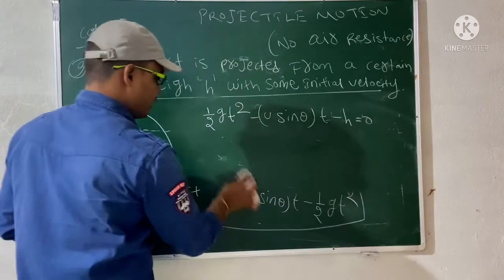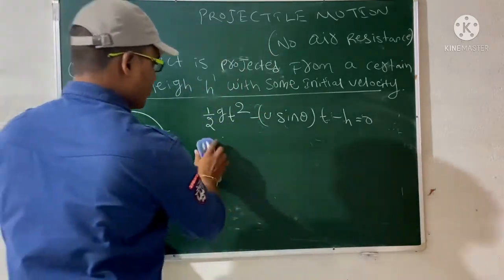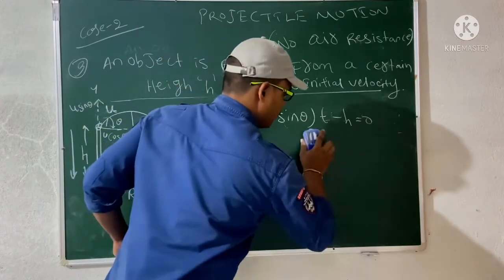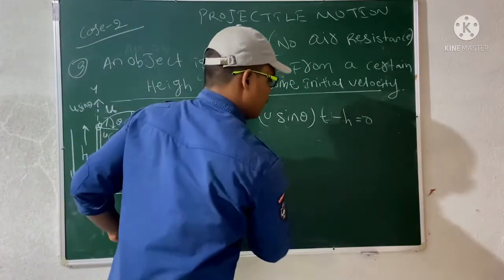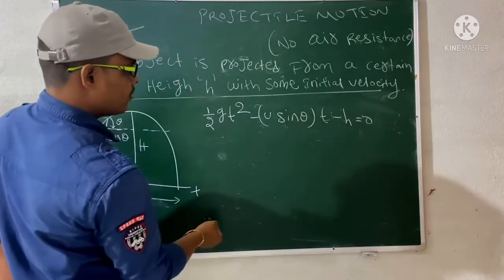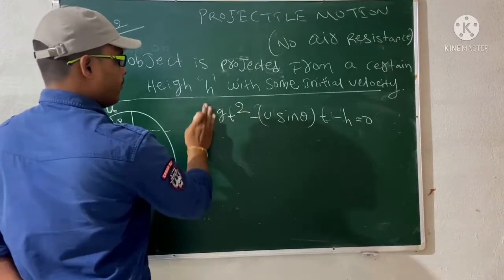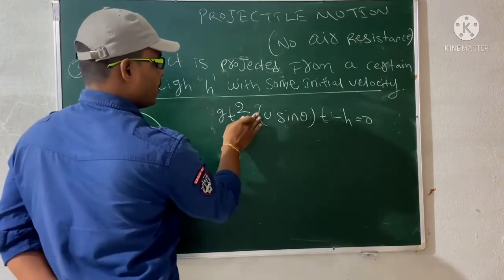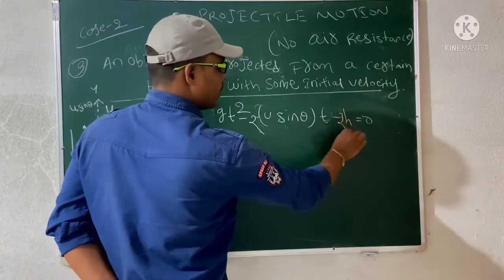So this is the quadratic equation. Then how will you solve it? Remember, take half g t square, multiply by 2, so that will be g t square minus 2u sin theta t minus 2h equal to 0.